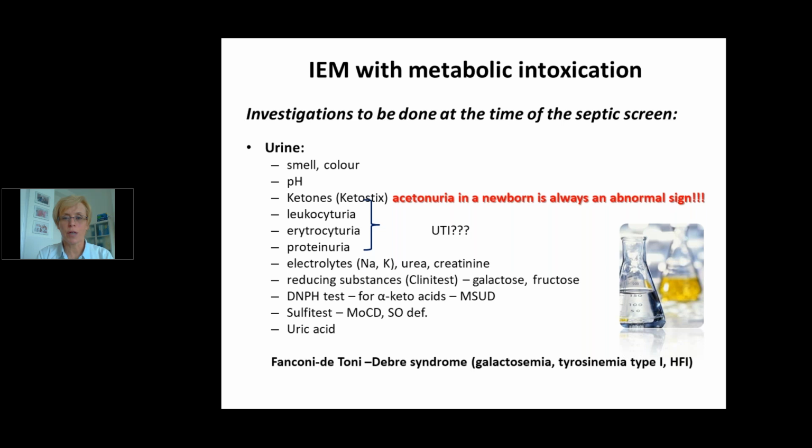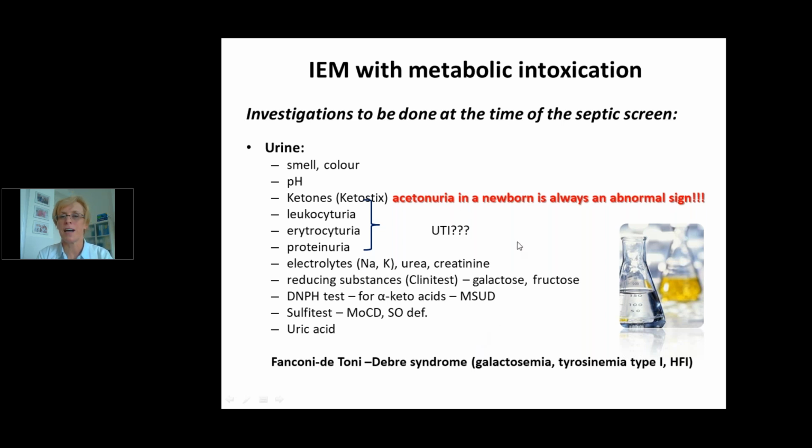The other very important source of information is urine. And we really have to look closely at the findings in the general examination of the urine. However, of course, we can perform a number of other tests which will help us to establish the diagnosis.